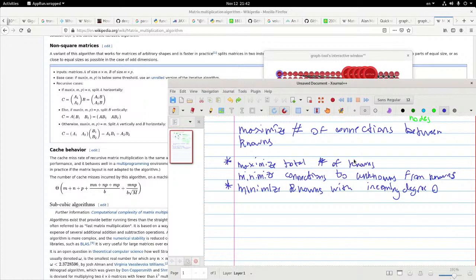So maybe I just iterate over everything, and if adding that node helps me. So if adding a node minimizes the total amount of nodes.